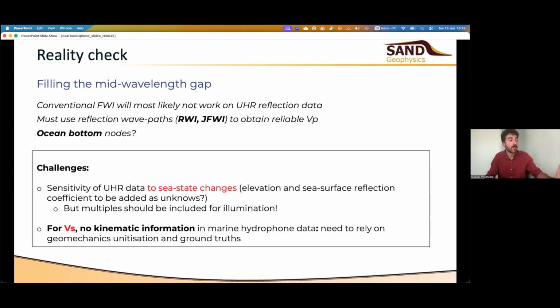So ocean bottoms, they're very expensive, but perhaps I haven't got an example in here because they're not used in wind farm characterization yet, but I think they will be. I don't know, that's just my opinion.